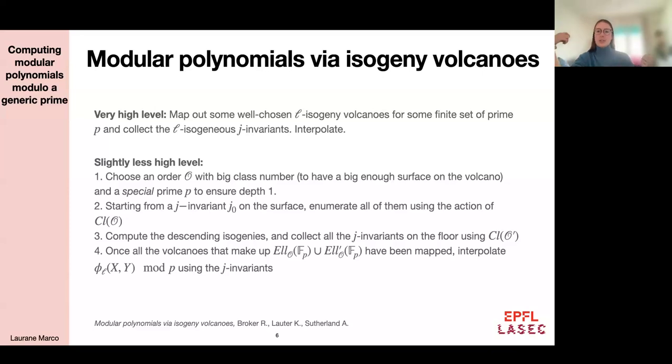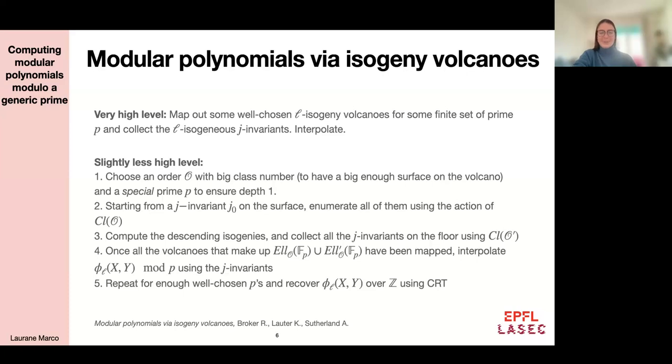Once you know the relationships, you've collected enough j-invariants, and you can interpolate your modular polynomial from its roots, and you repeat it for enough values of P. Then once you've recovered Phi_L mod P for enough P, you can use the Chinese remainder theorem and recover it over the integers.